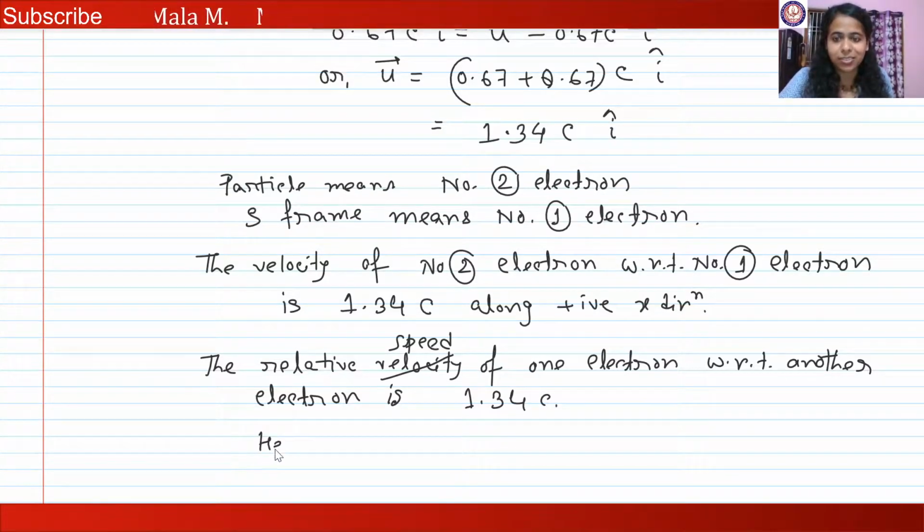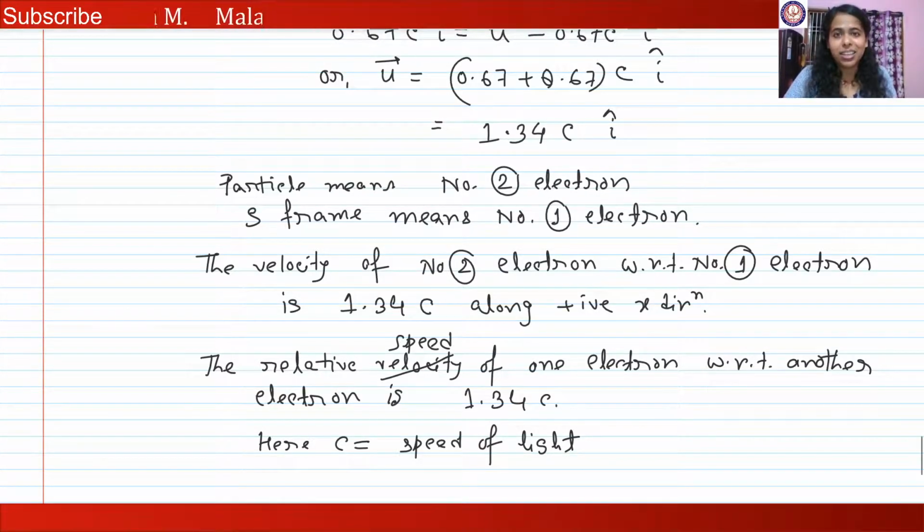Here to mention, c is the speed of light. So in the classical approach, the speed of one particle can be greater than the speed of light. But what do we know? We know the speed of light is the maximum speed that anyone can achieve. So what's wrong here? That I will discuss in my next lecture.